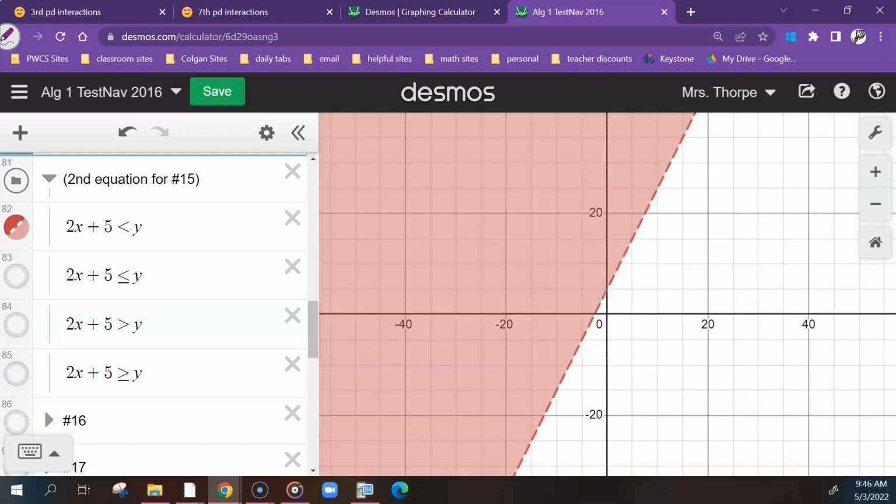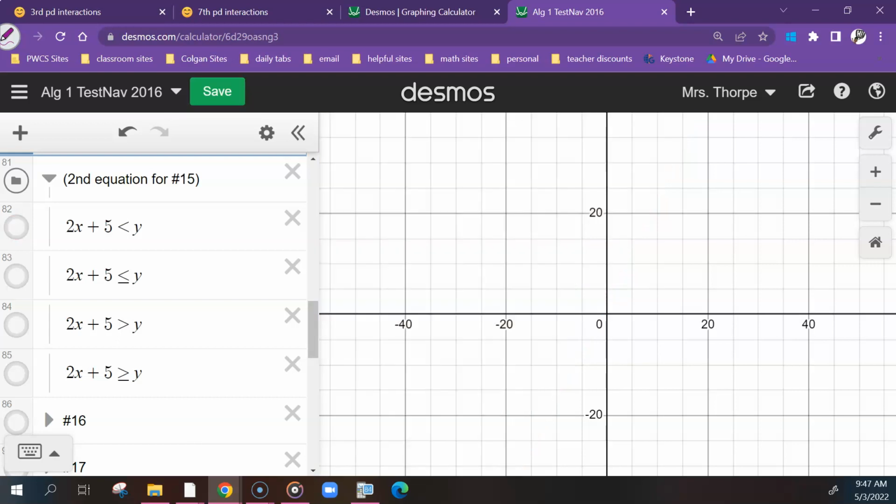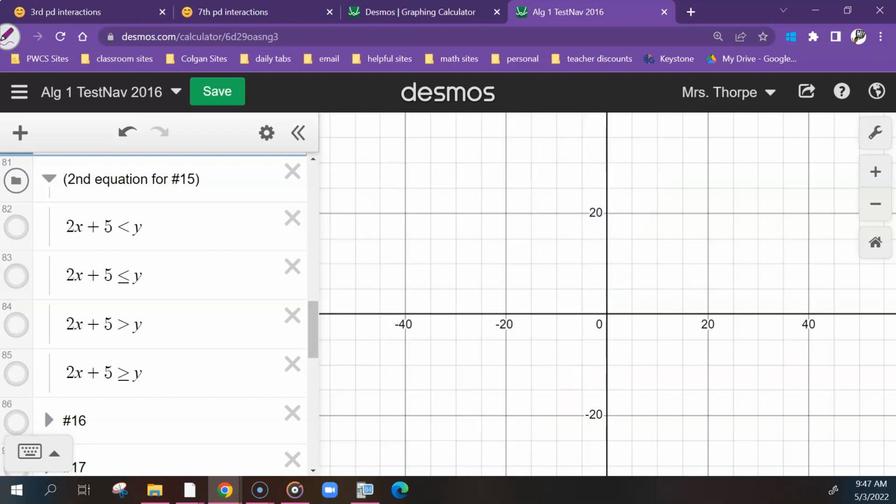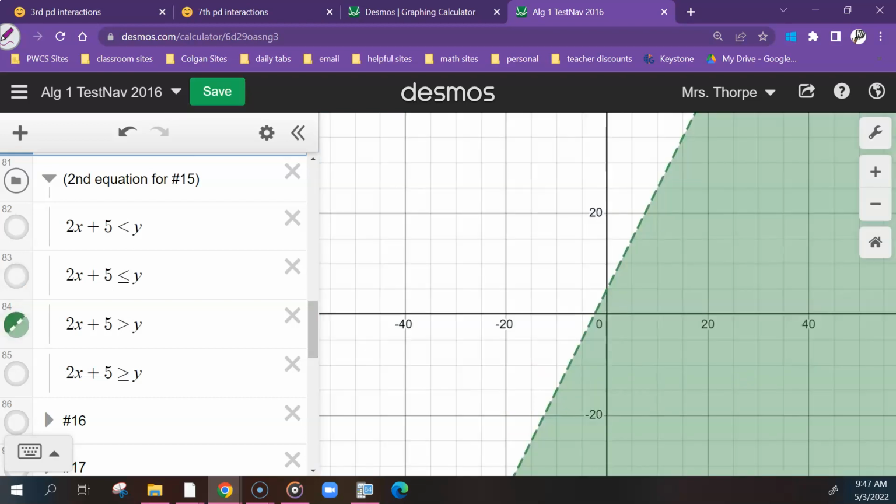This one doesn't look like what we have, so it's not that. This one also doesn't look like that, so it's not a less than. It is a dashed line, and it is shaded in that direction, so it would be that greater than. And that would also tell you you picked the right thing.